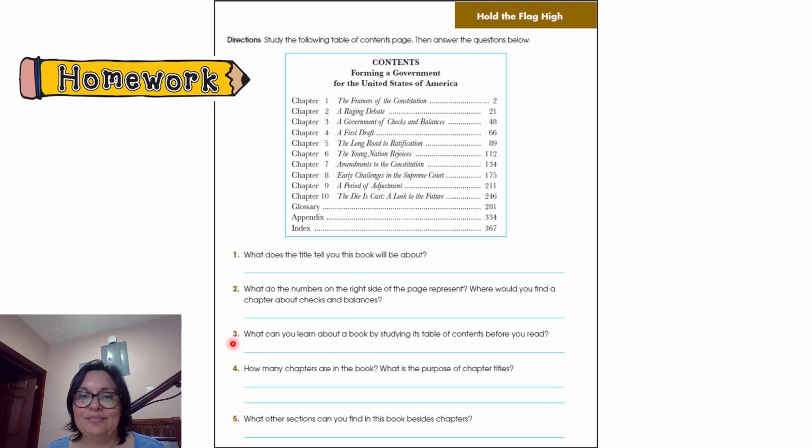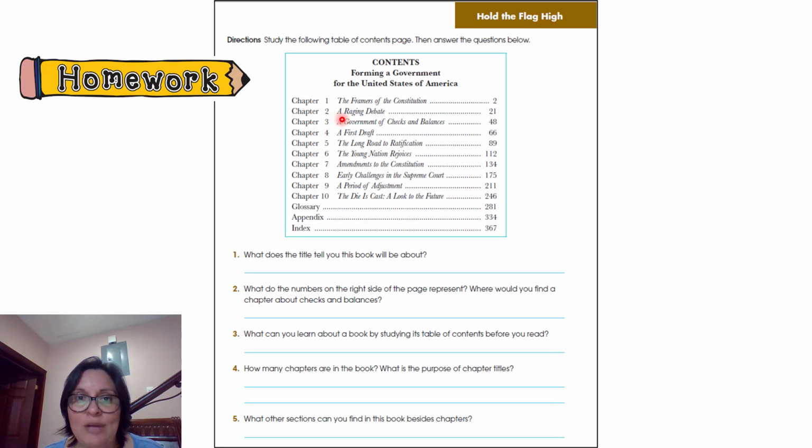Number 3. What can you learn about a book by studying its table of contents before you read? For example, if you read the table of contents before, you say, okay, chapter 1 is the framers of the Constitution.